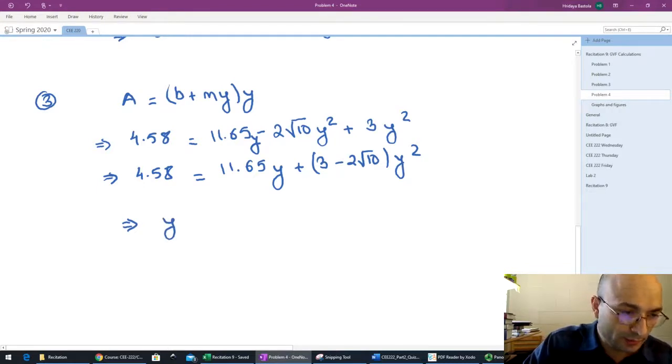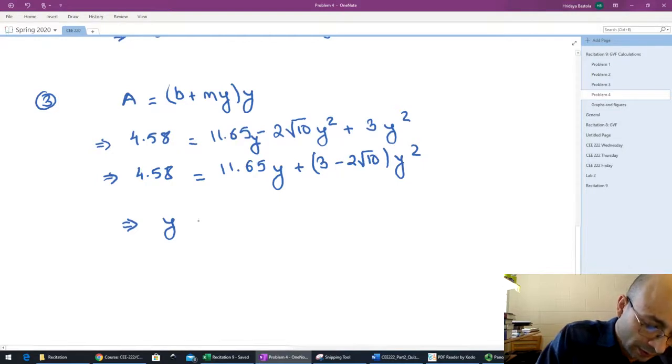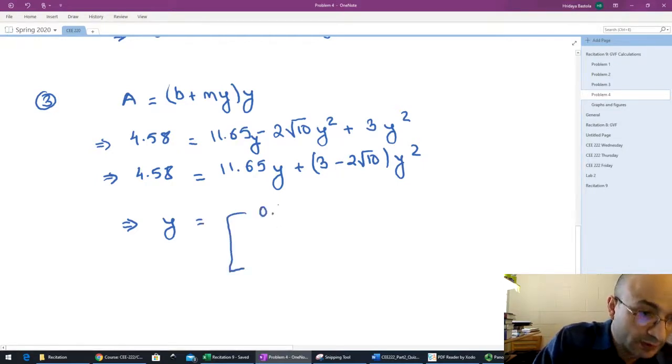There are two possible solutions. The first possibility here is 0.45 meters, and the second solution you'll get is 3.05 meters.